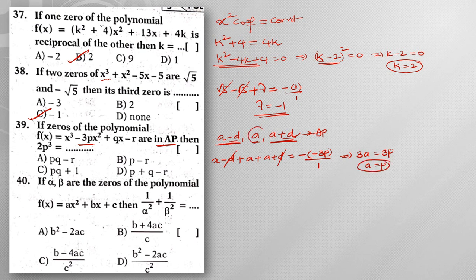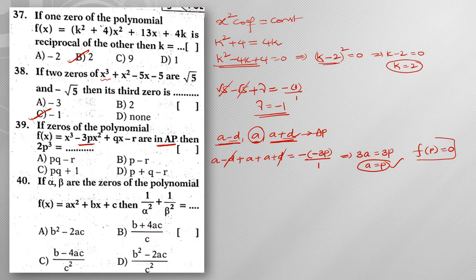But what is a here? a is one of the zeros, no? So if a is one of the zeros, that means a should satisfy the given polynomial. That means when you substitute a is equal to p, the given polynomial should become 0. That means f of p should be equal to 0.